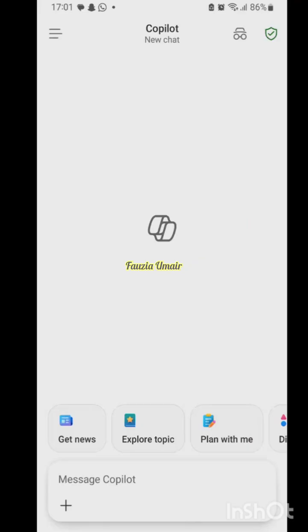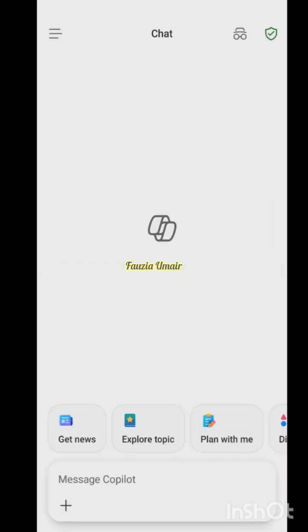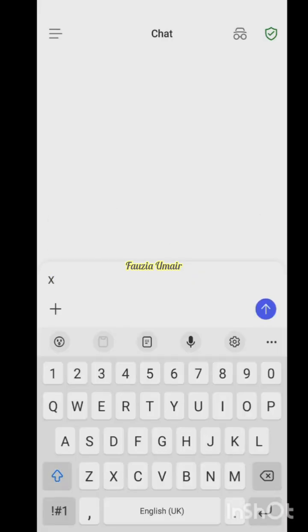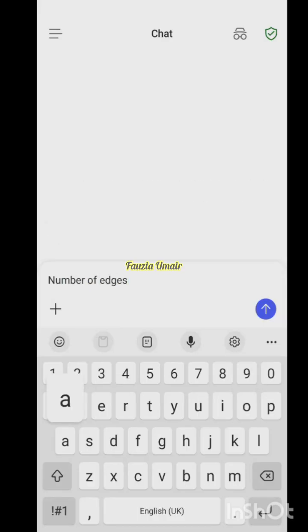So let's confirm it. Number of edges and vertices.